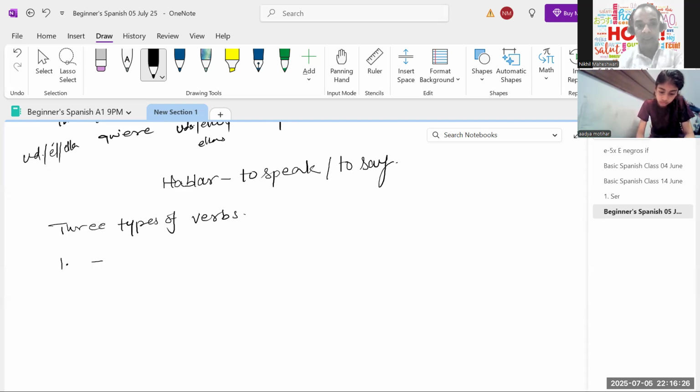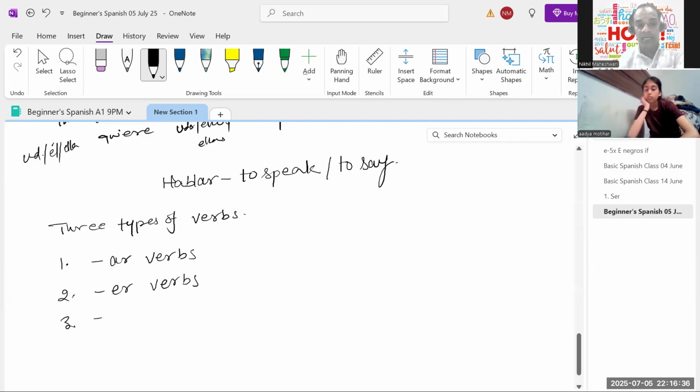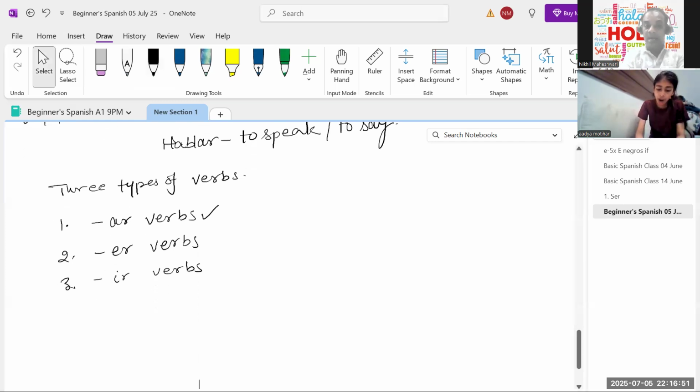Number one, the verbs which end in AR. Those are called AR verbs. Number two are ER verbs. And the third ones are IR verbs. Right now, we'll be talking about AR verbs only. Whenever we see a verb, we need to see its ending.